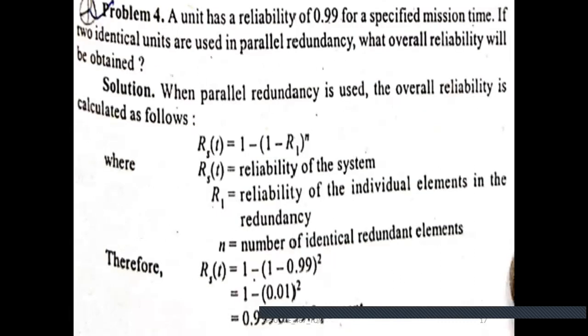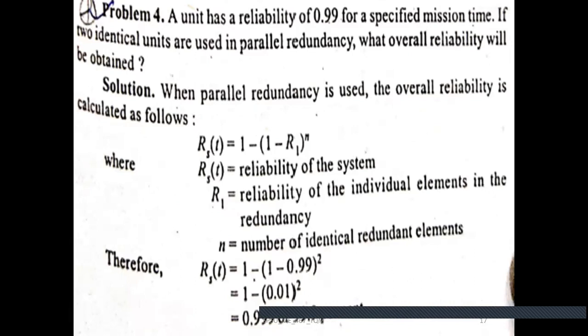The second numerical problem is based on the parallel redundancy. A unit has a reliability of 0.99 for a specified mission time. If two identical units are used in parallel redundancy, what overall reliability will be obtained?